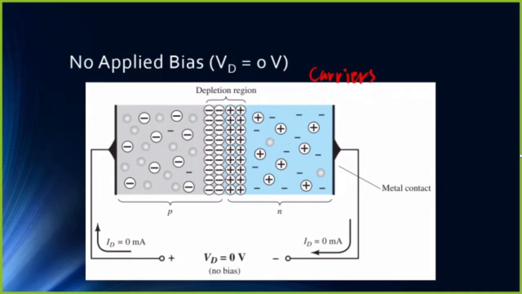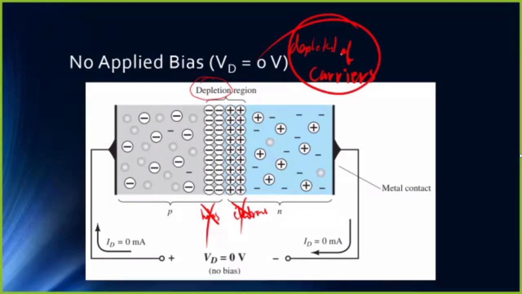Remember, since this is an acceptor ion, ang carrier niya ay holes. Ito, anong carrier nito? Electrons. Sa loob daw ng depletion region, walang holes at walang electrons. Kaya nga uncovered sila. Okay? So kaya siya tinawag na depletion region. It's depleted of carriers.